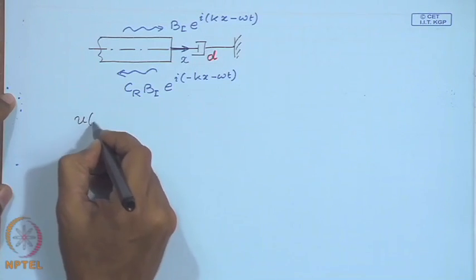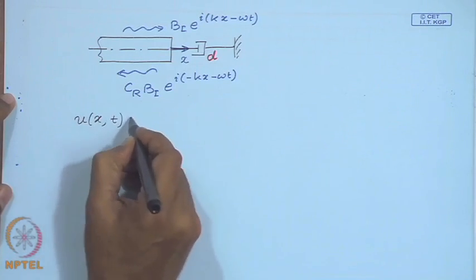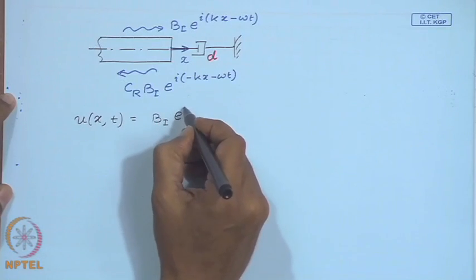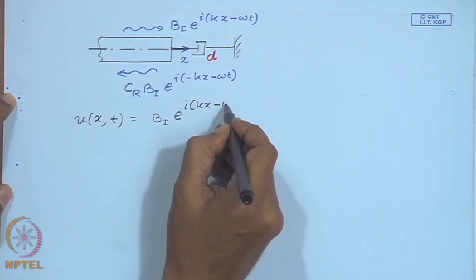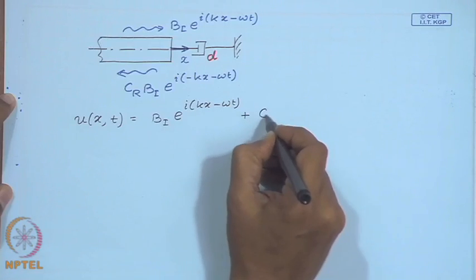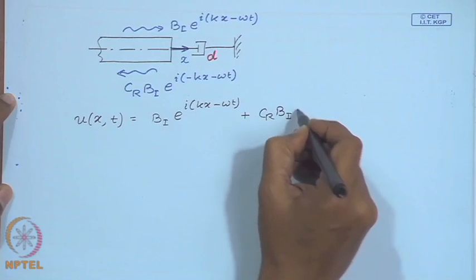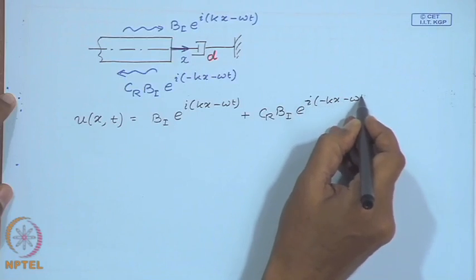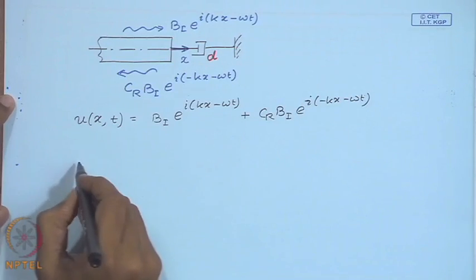So, the total wave field is given like this.